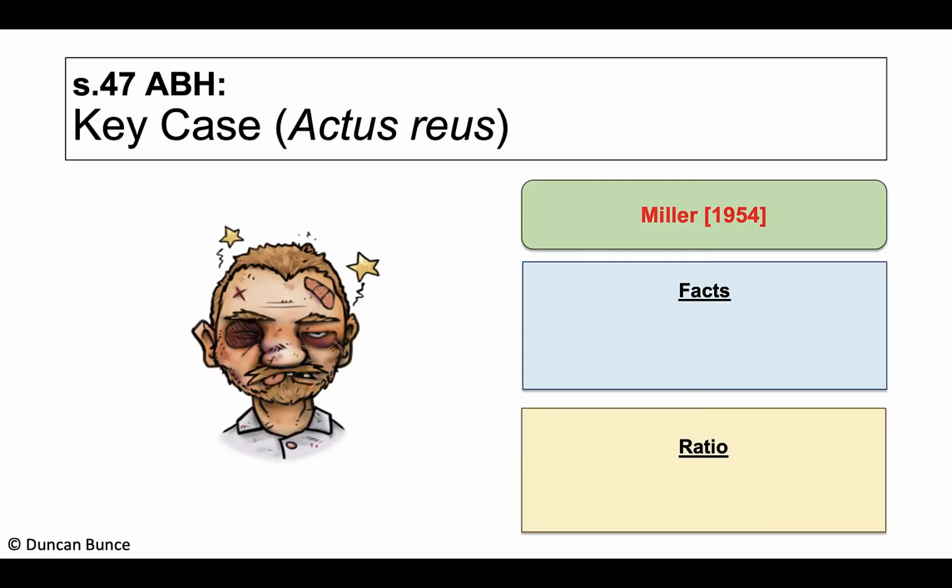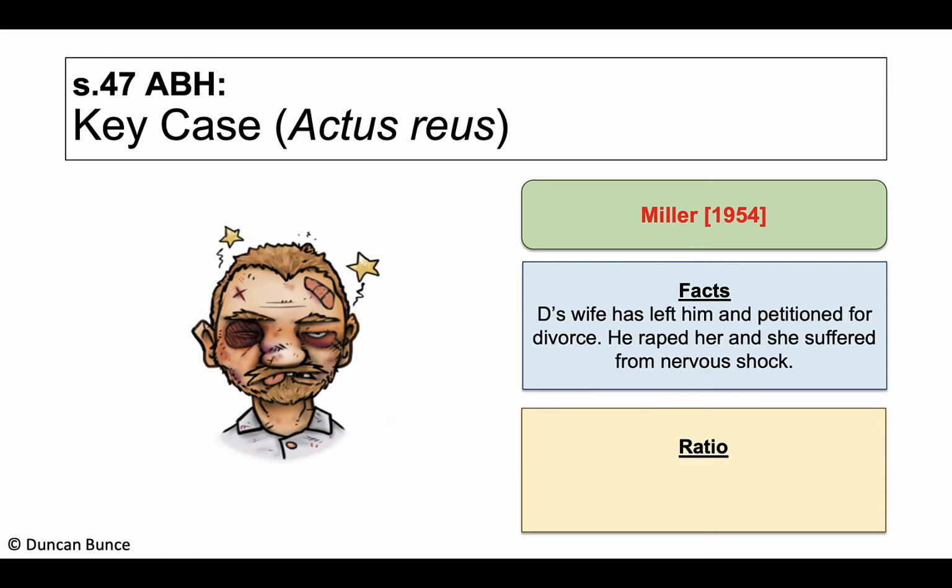Section 47 ABH key case then is Miller. In Miller, the defendant's wife had left him and petitioned for divorce. He raped her and she suffered from nervous shock. Why this case is useful for supporting the actus reus is it really outlined a test as to what is actual bodily harm.